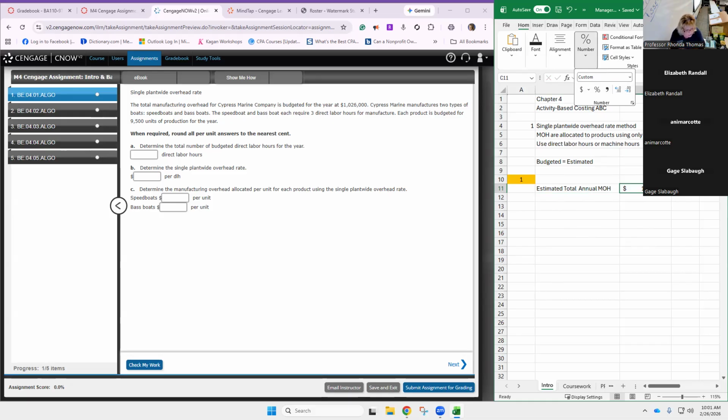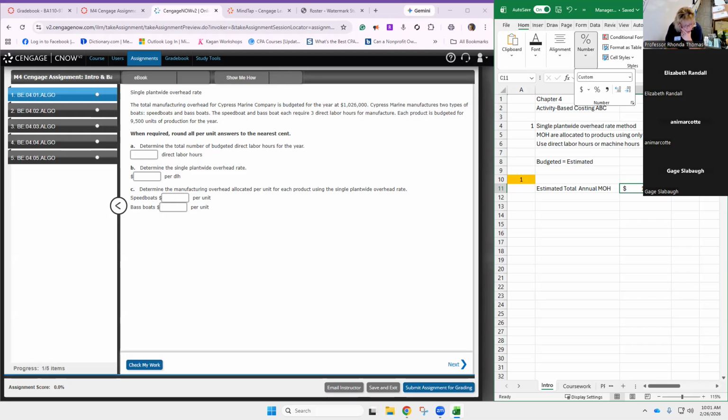All right, let's see what they are predicting for and how they're going to apply the overhead. So it says they make two types of boats, speed boats and bass boats. The speed boat and bass boat each require 3 direct labor hours for manufacture, right? Each product is budgeted for 9,500 units of production for the year.